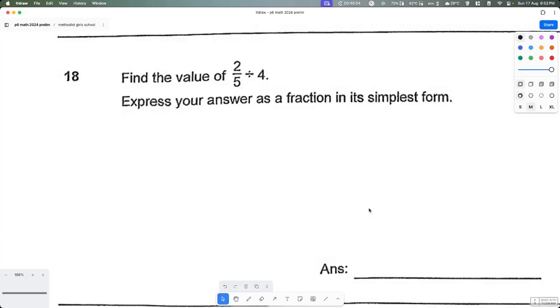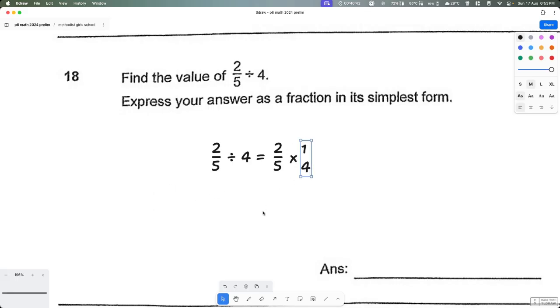Question 18. Find the value of 2 out of 5 divided by 4. Okay, so 2 out of 5, and then we divide it by 4. In this case, 2 out of 5 remains, but this time it will be times. Instead of 4, we flip it, so it will be 1 out of 4 over here.